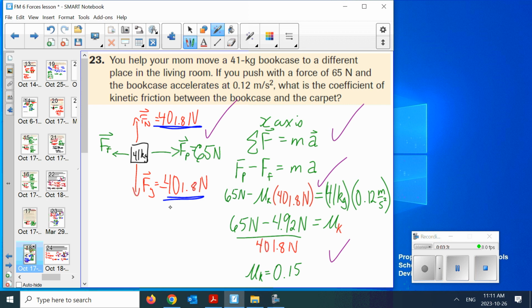On the opposite side, the mass is 41 kilograms, and it was given that it accelerates, so ma. That part? I had this on one side, and then I had the coefficient times the 401.8, and then I divide both sides.